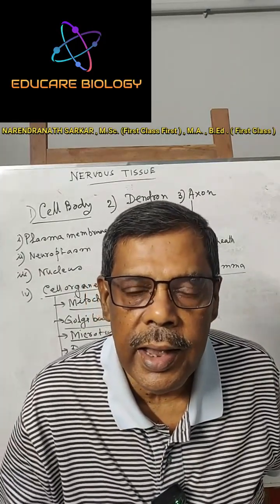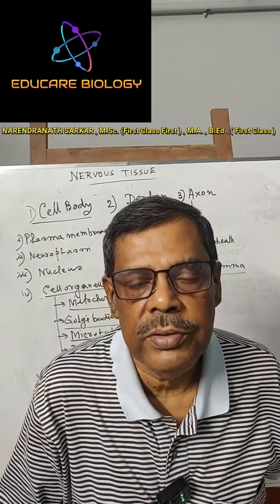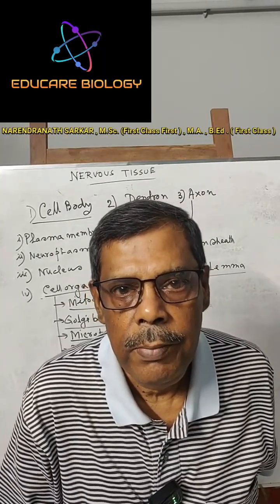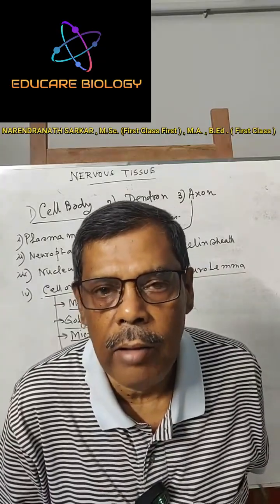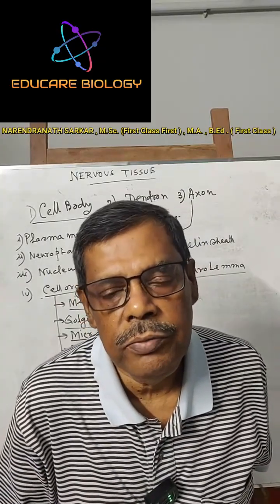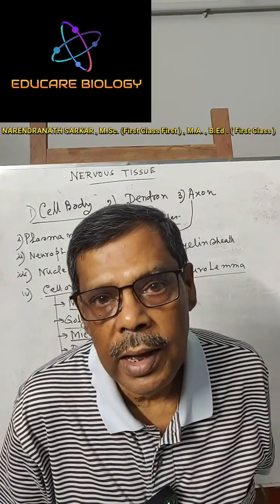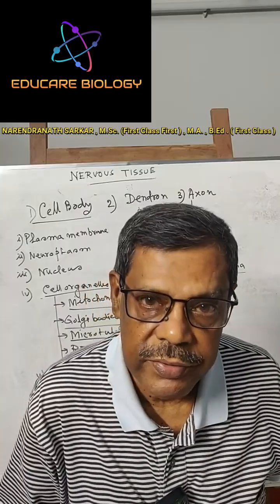But in the central nervous system, the medullary sheath or myelin sheath is produced by the oligodendrocytes.